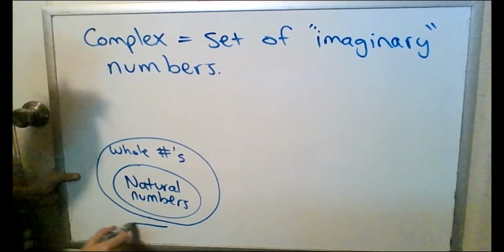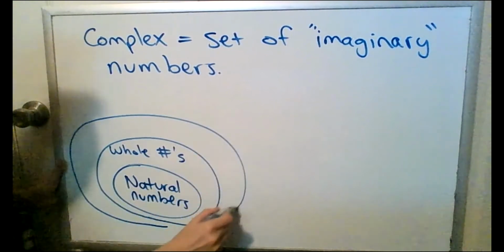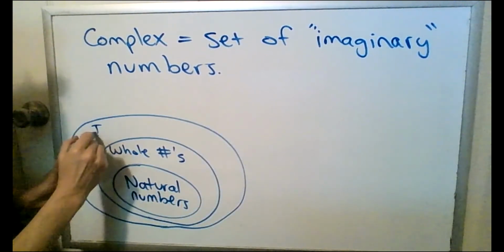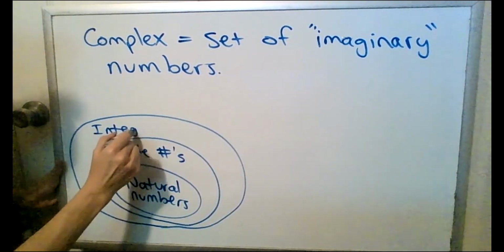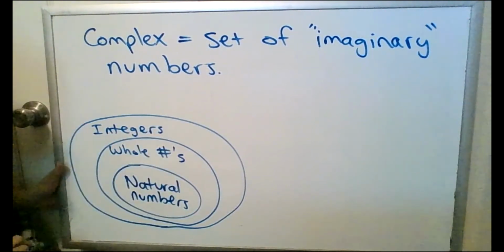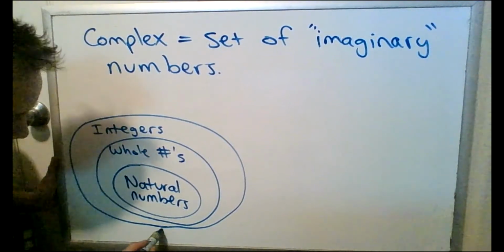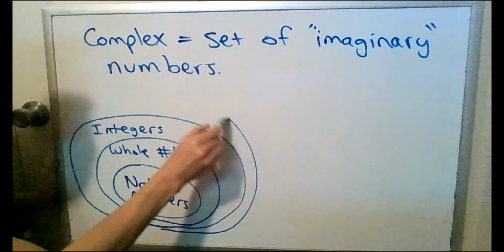So that's the integers. And then we could take those and write them as fractions, and those were called rationals.